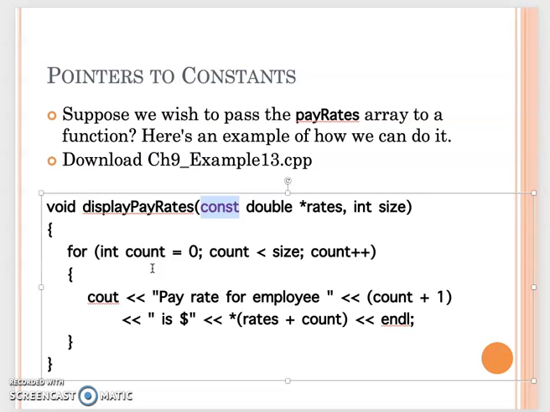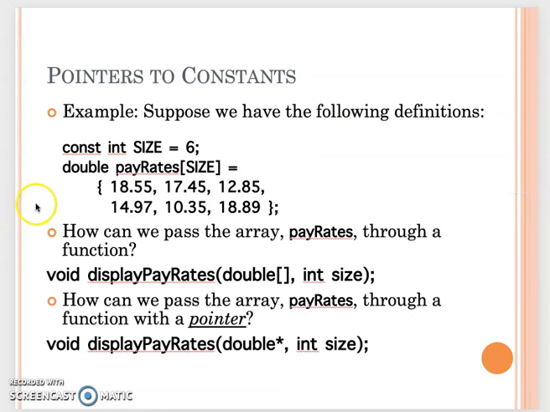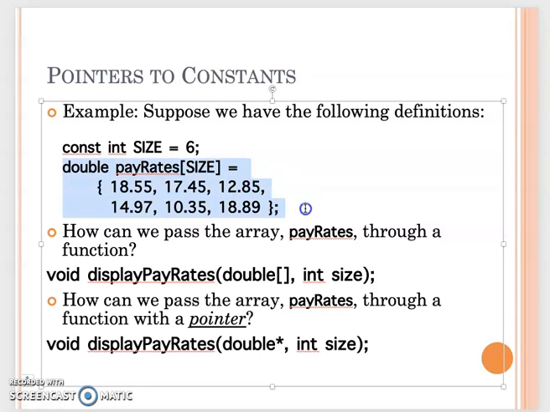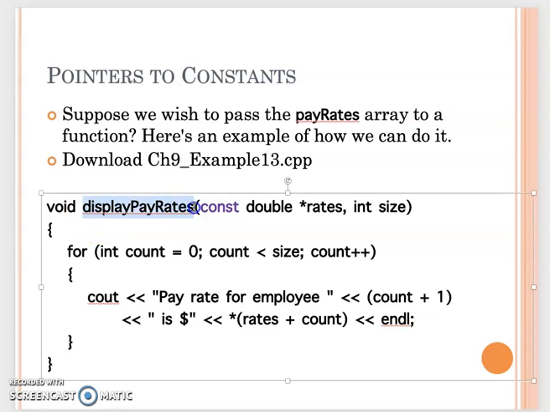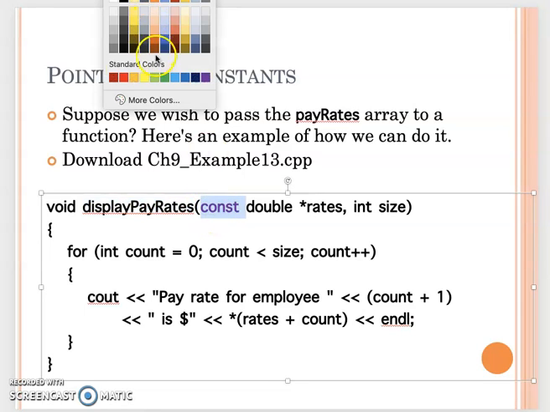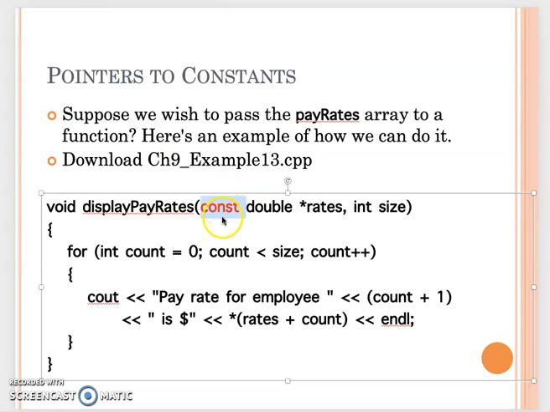Because the purpose is, you are passing by read only. So here, if you have a pay rate array, they are just a regular array. So you can either pass in with the constant keyword, or without the constant keyword. Either way is fine. But one thing is, if you already know your function is for read-only purposes, it's always highly recommended you do it this way. You need to pass in by const.